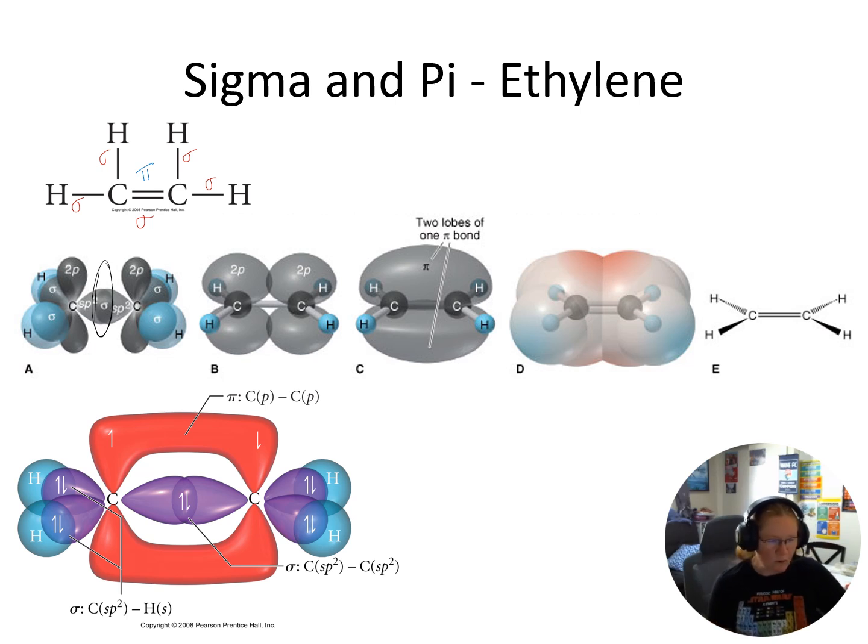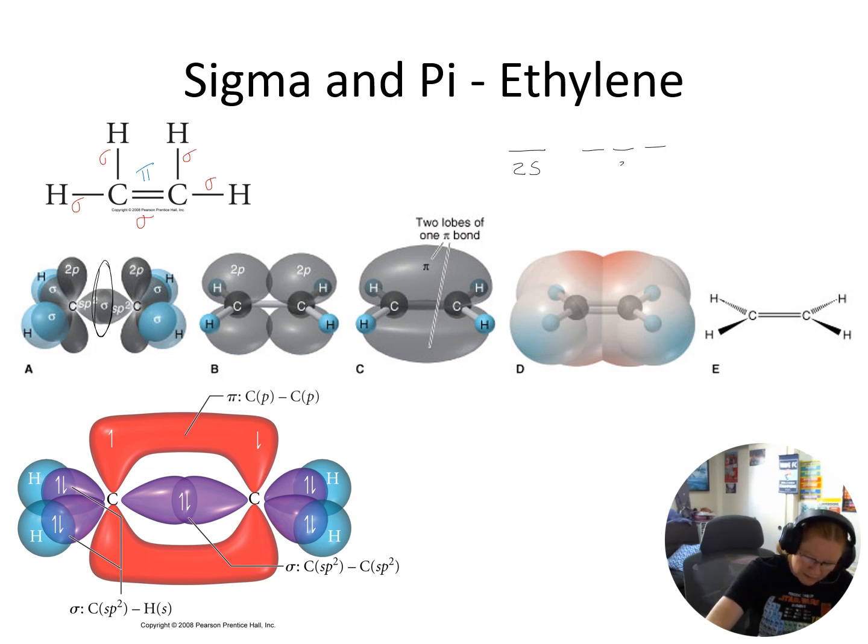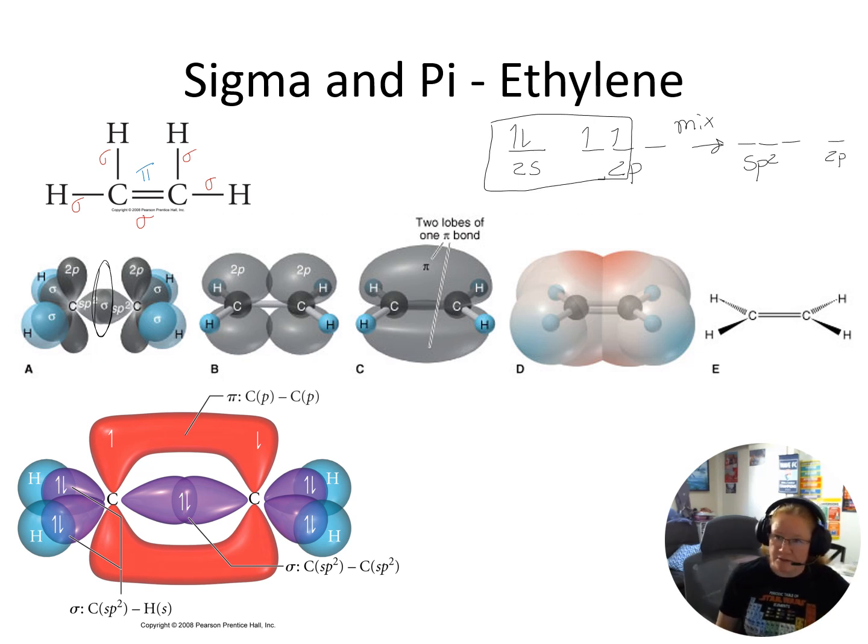Okay, and so when we look at what's happening here, we have to account for what we're seeing. If I look at this, I have my 2s and my 2p. Carbon has 1, 2, 3, 4. We get the mixing. So this is trigonal planar, so we're only going to mix that right there. 1, 2, 3, we get our sp2, and then we have that 2p that's left over.